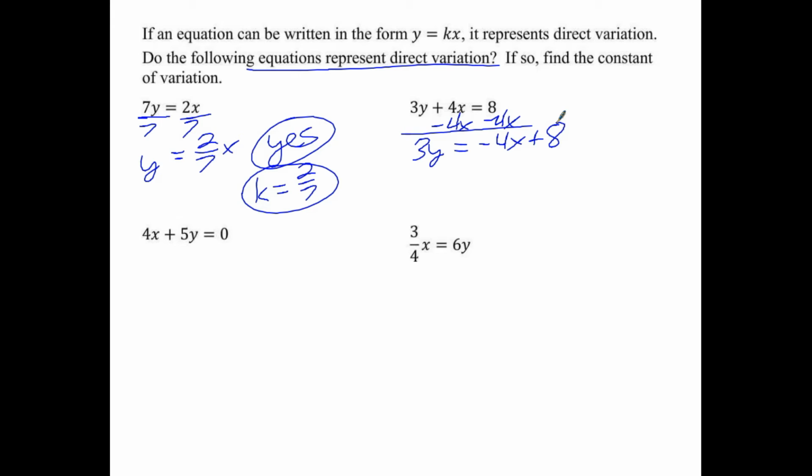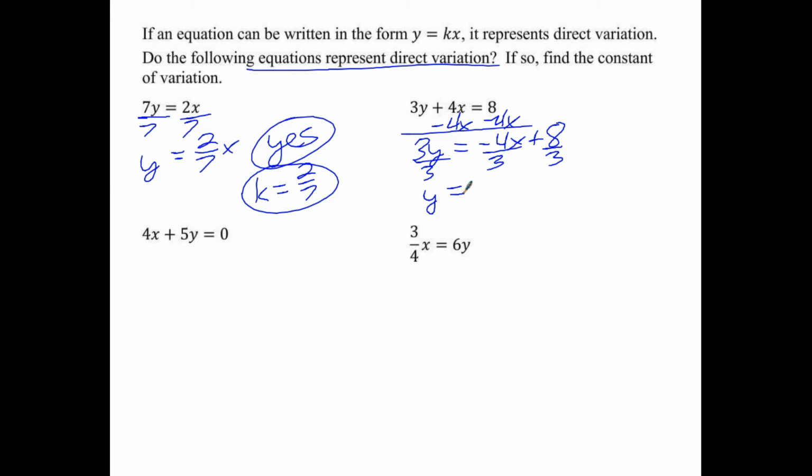Okay, we haven't solved for y yet, though. So then what would we do? Divide by 3. This is good practice. We're going to be doing this in the next section. So divide every term individually by 3. What do we get?